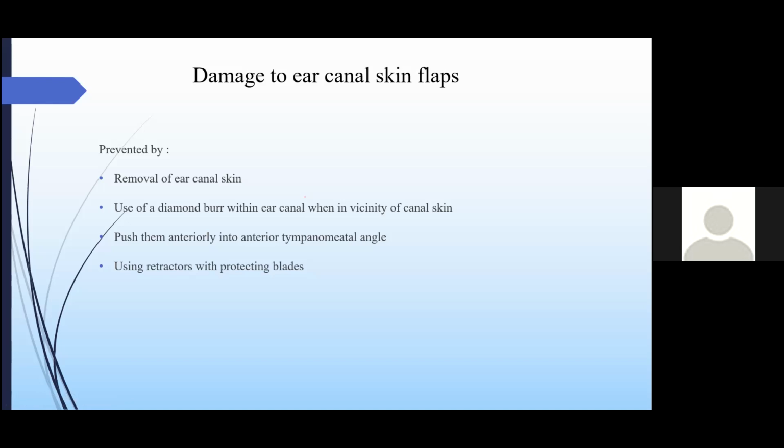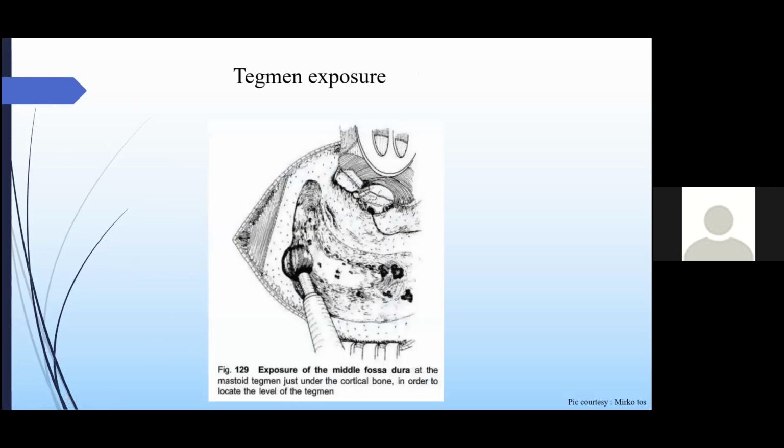We can prepare the suture material and aluminium cover with a cotton ball. We can protect the skin flaps. Also, a retractor blade can help. So whatever suits you and whatever burr is your choice, you can use, and we should protect the soft tissues, and we should not let all these simple mistakes compromise the surgical results.